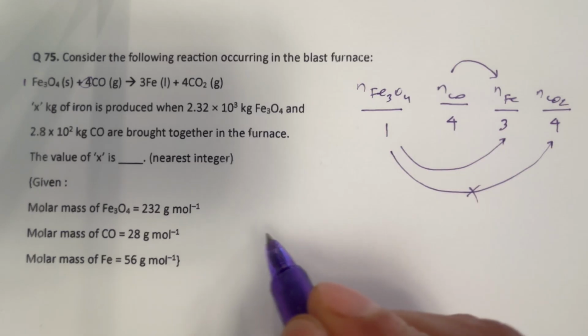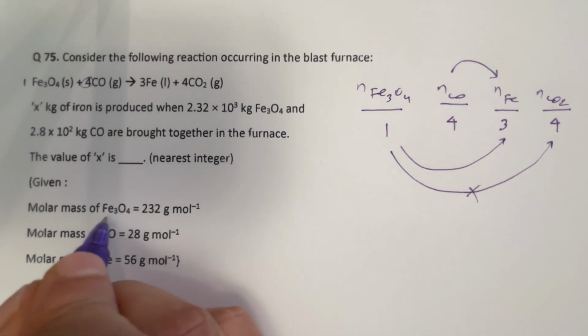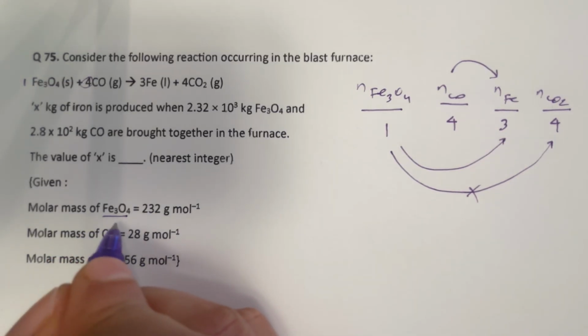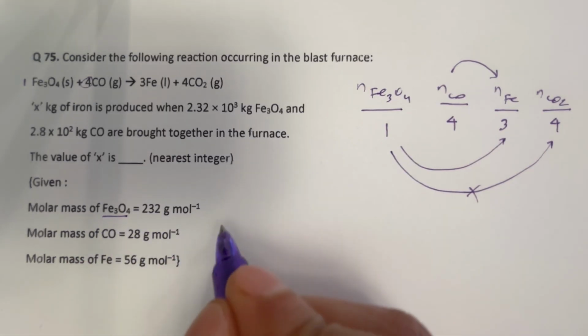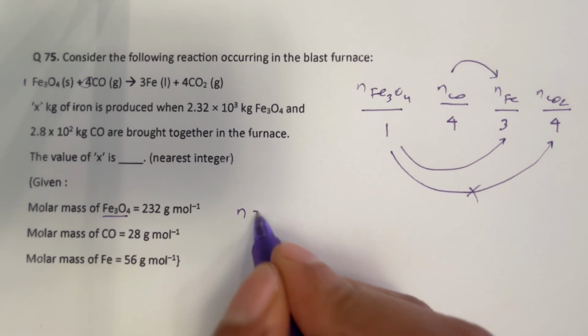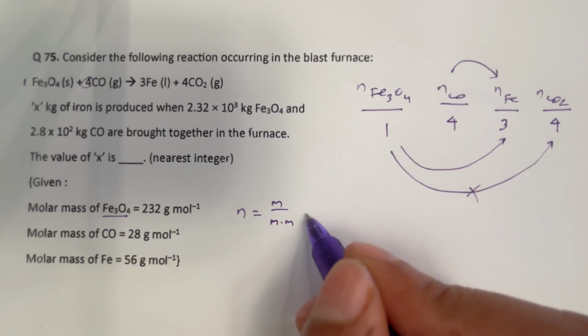So, let us first find the number of moles of magnetite, that is the iron 2,3 oxide, because this magnetite ore has both iron 2 as well as iron 3, that is why it is called iron 2,3 oxide. Number of moles is equal to mass divided by molar mass.